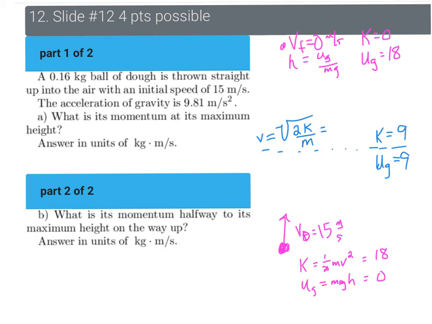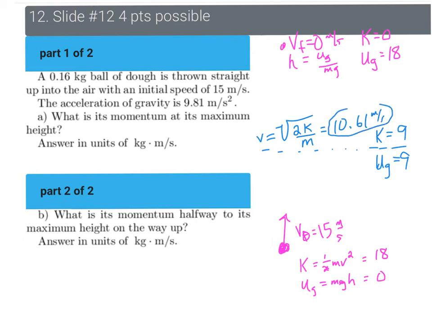I'm going to do the square root of 2 times 9 divided by 0.16. And that's going to give me 10.61 meters per second.